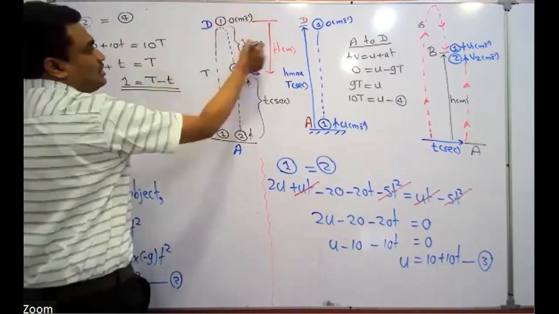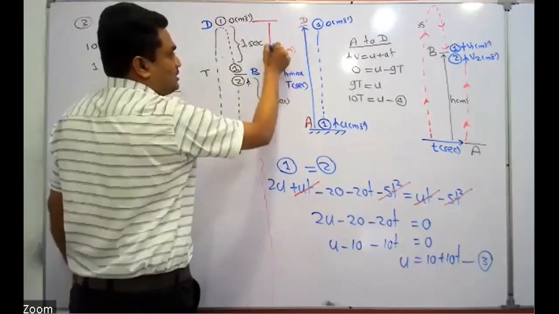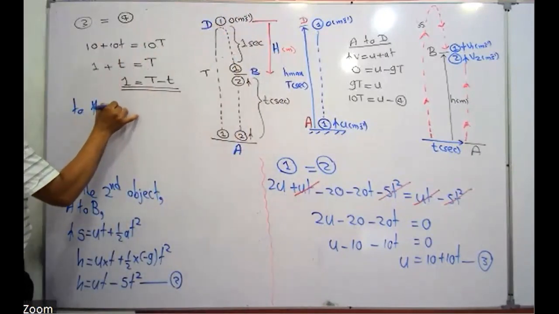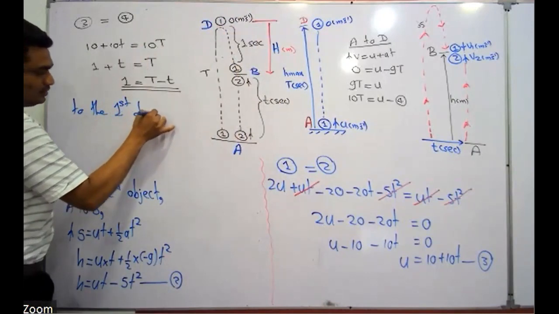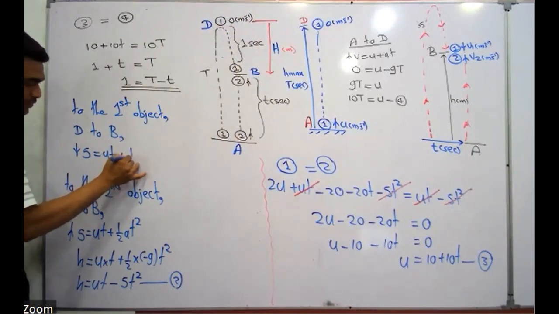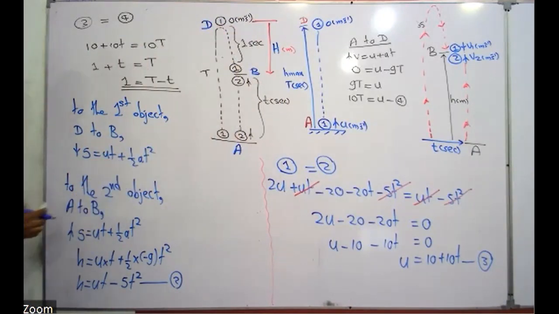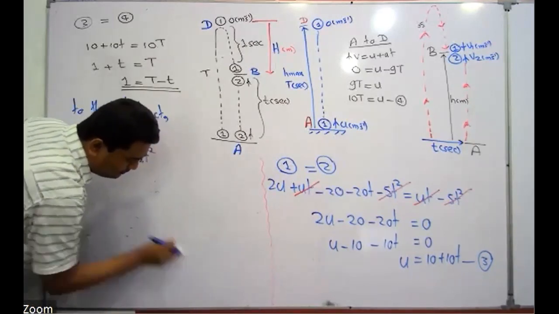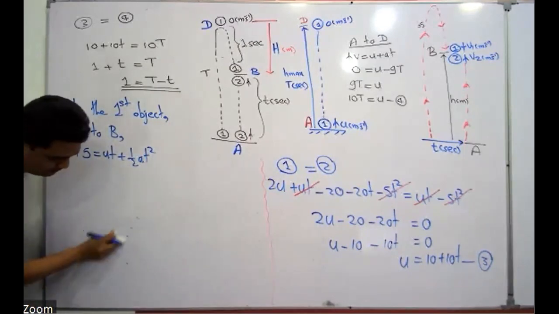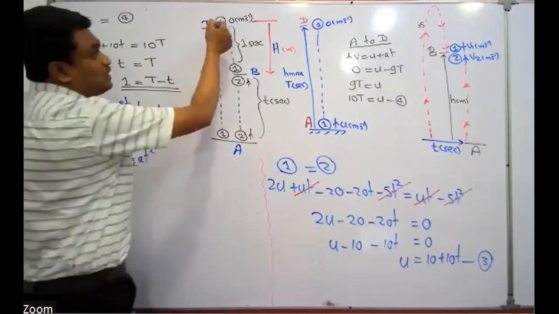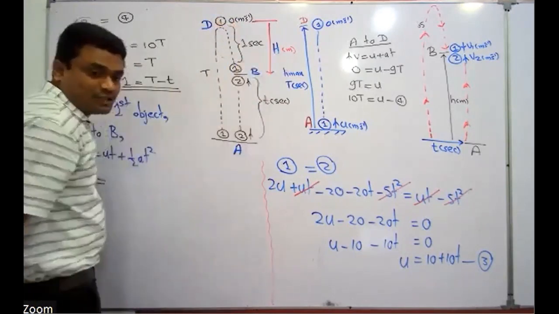I want to find capital H. Capital H is the distance between D and B. So for the first object, D to B, vertically downward, let me apply s equals ut plus half at square. s is H. Sorry, the displacement of the first object from D to B is capital H.